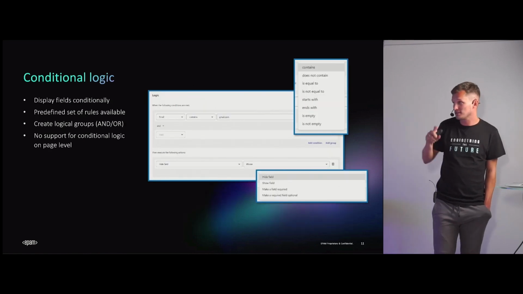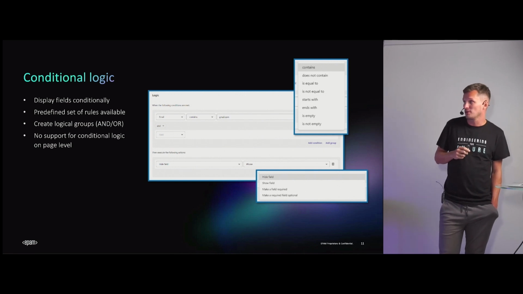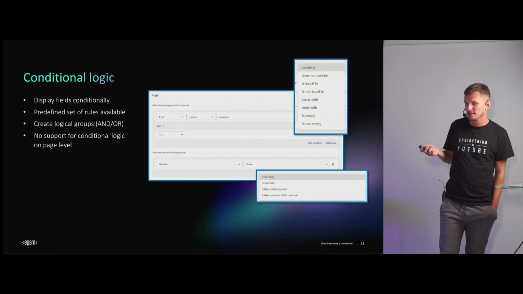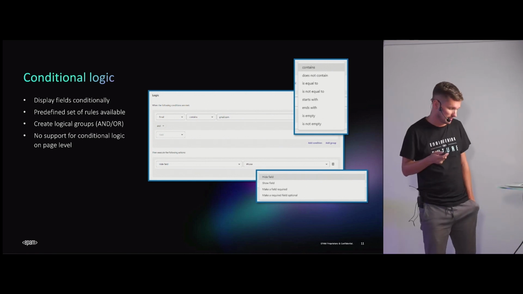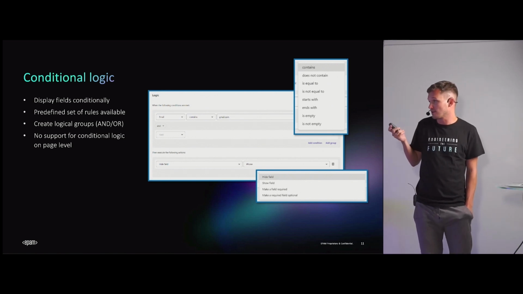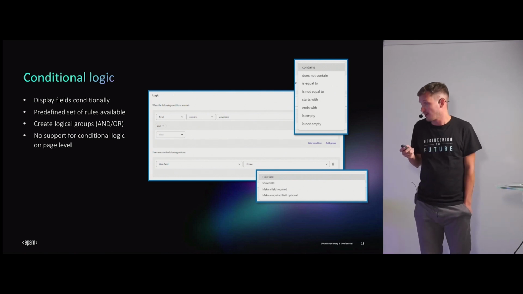Okay, another feature that was added a bit later after the release was the conditional logic. It allows you to display some fields based on the user input. And you can use the predefined set of rules that are available here and create logical groups using and or operators.